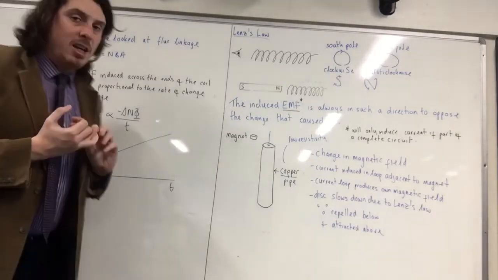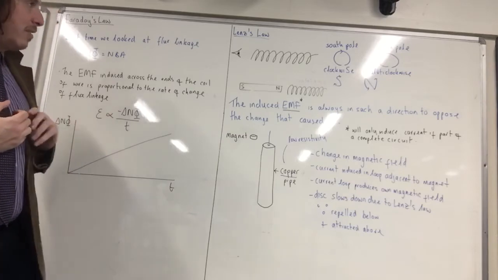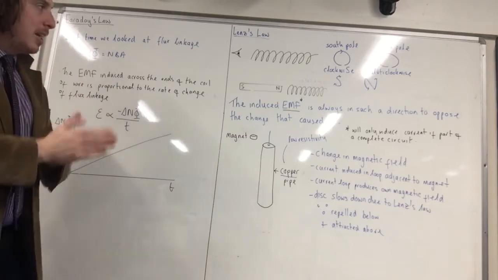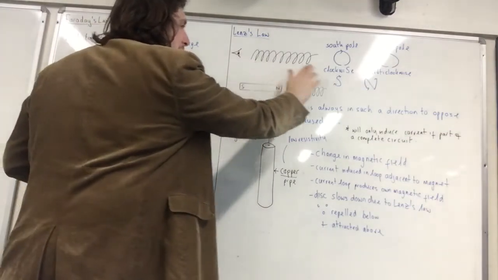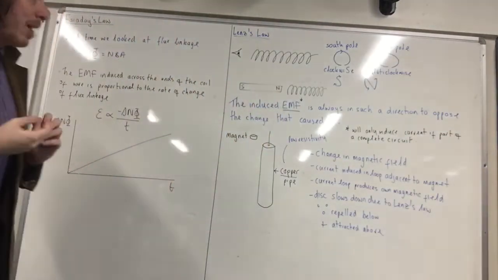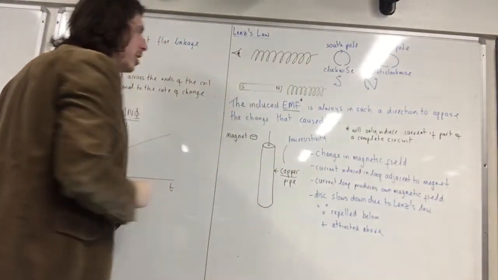In terms of Lenz's law, that is where the negative comes from. So let's say that we have got a solenoid, something that when there is current passing through, it will generate a magnetic field. Let's say we're looking down the end of the solenoid.